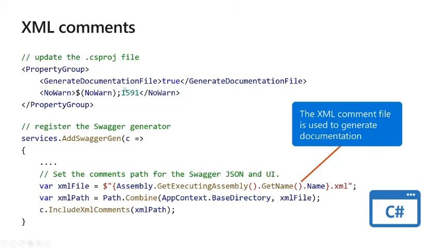So you add this, GenerateDocumentationFile true, and then in your AddSwaggerGen, you include XML comments here, and you tell the path.